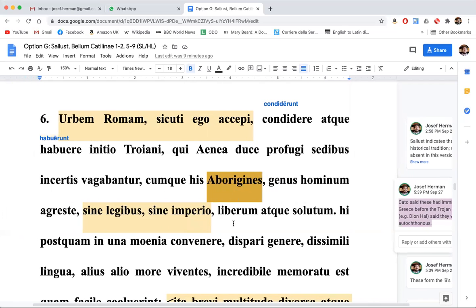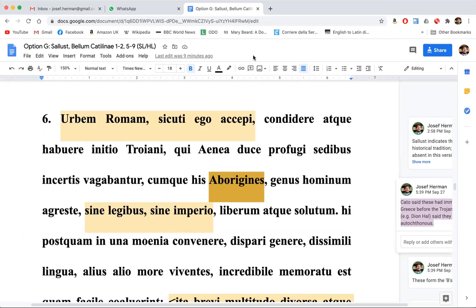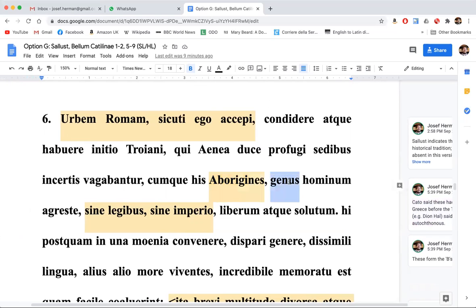Okay, so with them were joined aborigines, who are described by Sallust as a genus hominum agreste. Agrestis means rural or rustic, and here it's neuter, agreeing with genus, so a rustic race of men, so hominum is genitive plural.